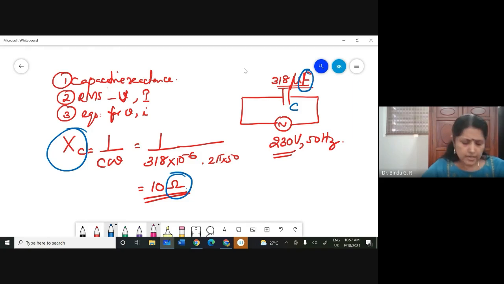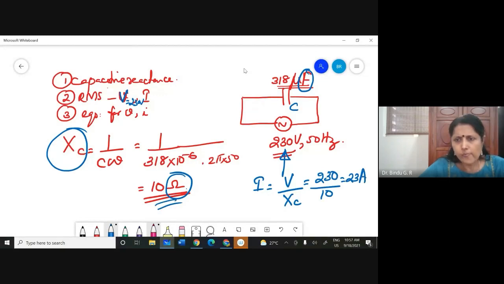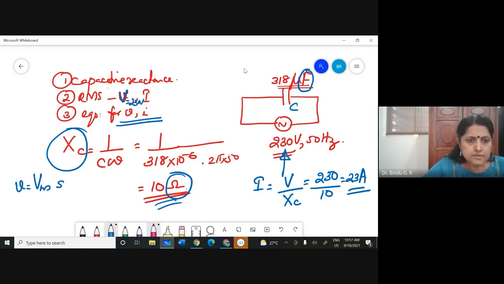What else is asked? RMS value. The RMS value of voltage is 230 itself, they have already given it. Current will be I is equal to V by Xc. That is 230 by 10, which is 23 ampere. And as before, I hope you know how to write the equation for v. v is equal to Vm sine omega t, omega is 2 pi f.